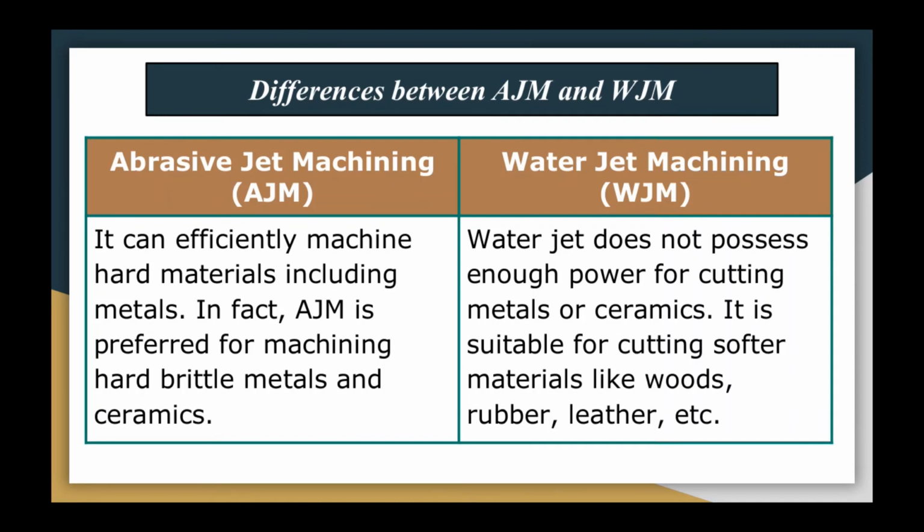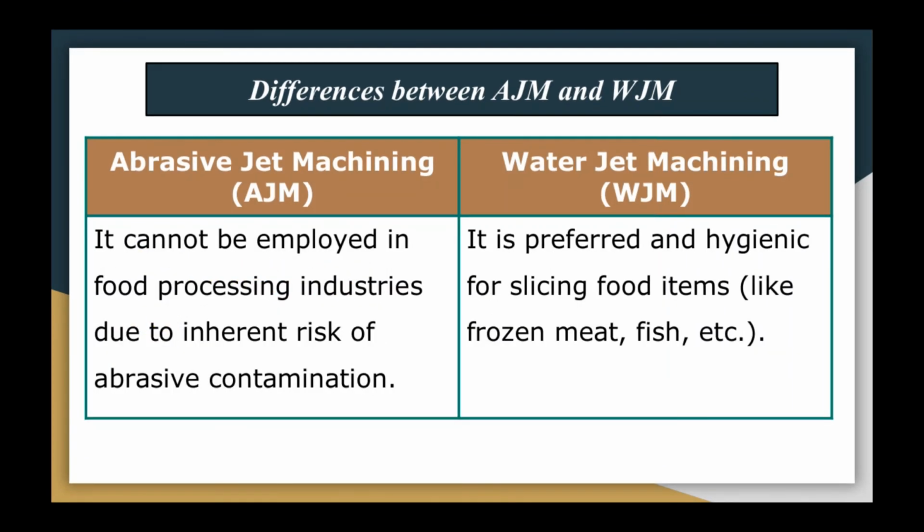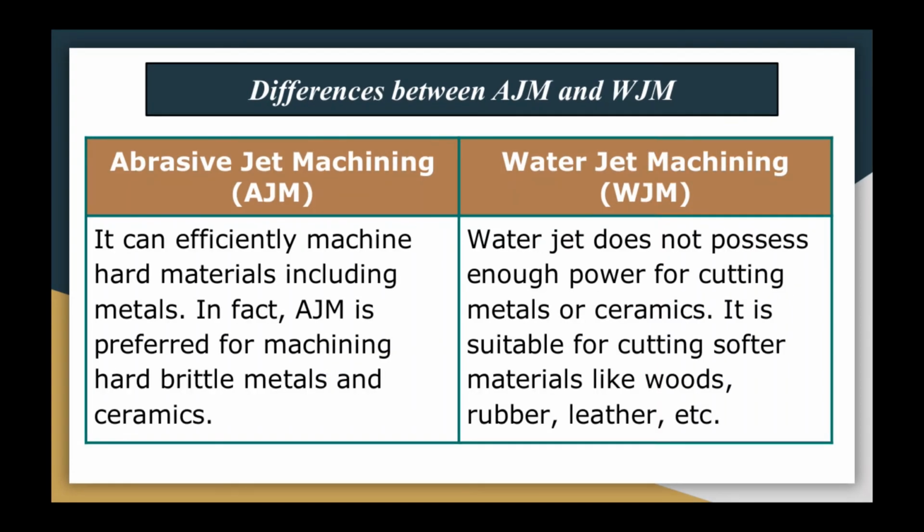Abrasive jet machining can efficiently machine hard materials including metals also. In fact, AJM is preferred for machining hard brittle metals and ceramics. But water jet machining does not possess enough power for cutting metals or ceramics.